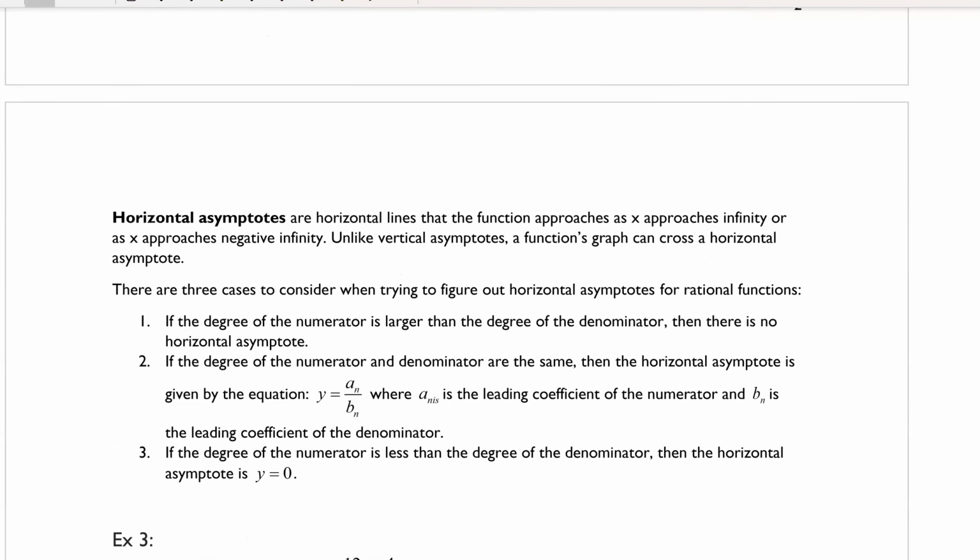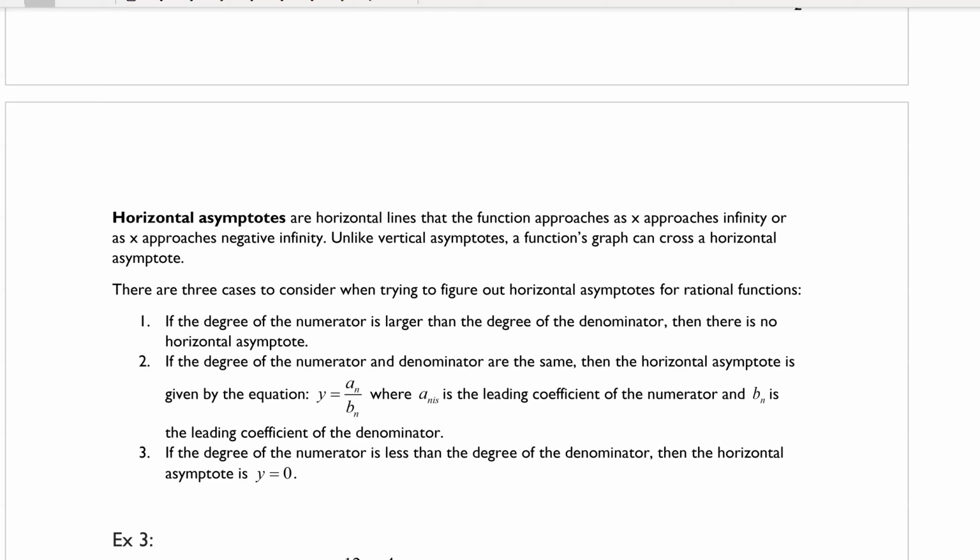Okay, and one thing to note about horizontal asymptotes is that there are 3 cases to consider when you are trying to figure out if there is a horizontal asymptote for a specific rational function. The first case is if the degree of the numerator is larger than the degree of the denominator, then there is no horizontal asymptote.